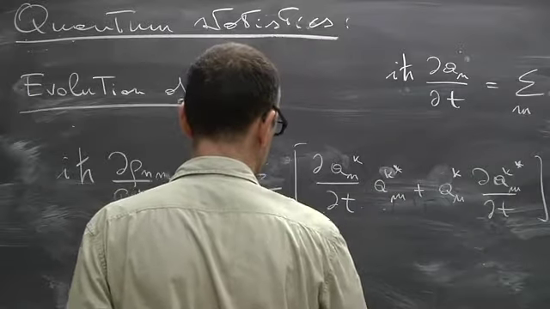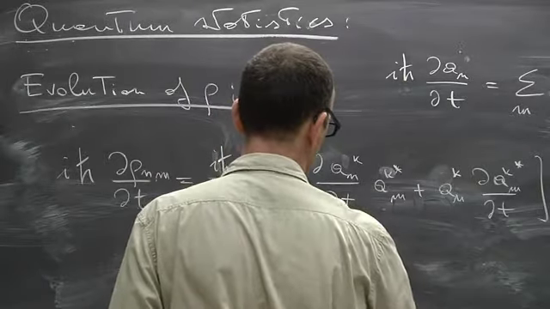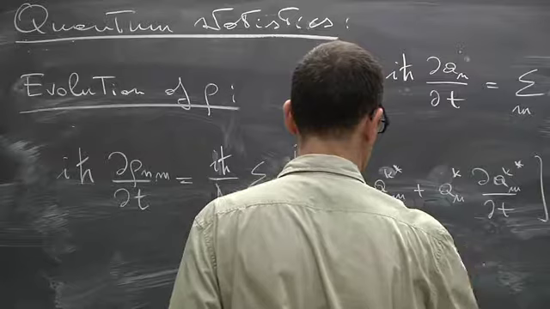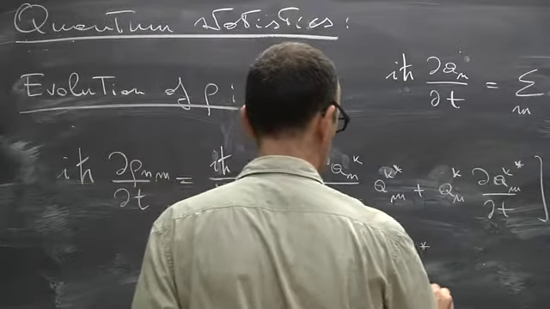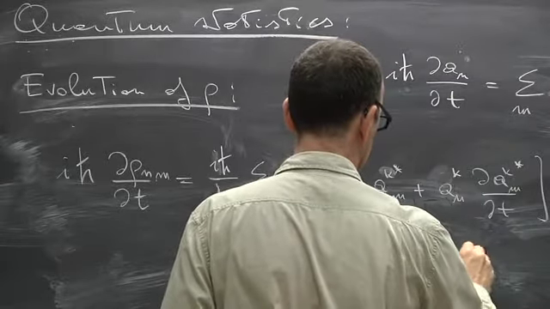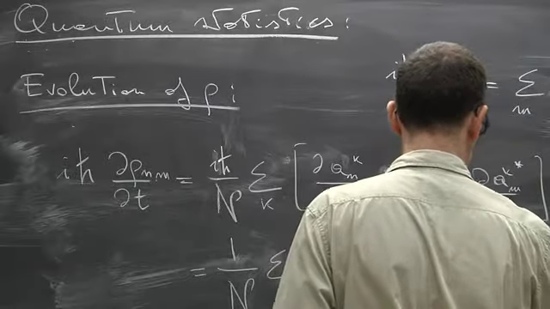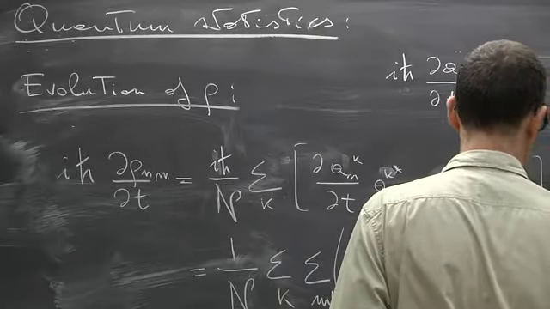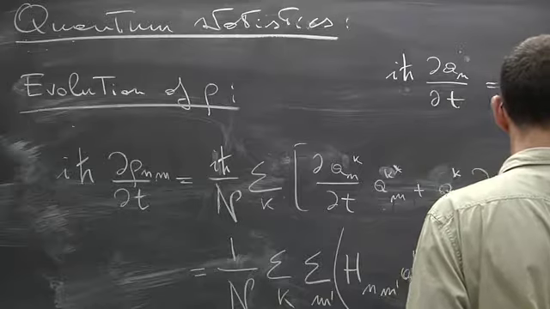So here you have a sum over k, a sum over m times h n m a k, sorry, so I have to call it m prime, a m k star, minus h n m prime and then a n k a m prime k star.